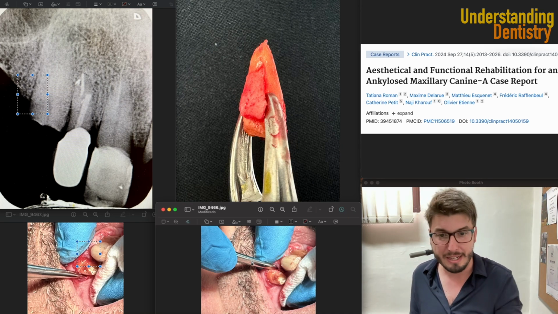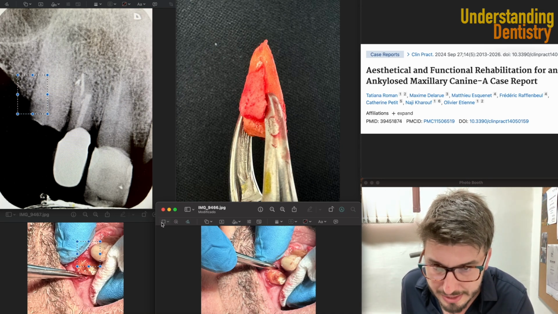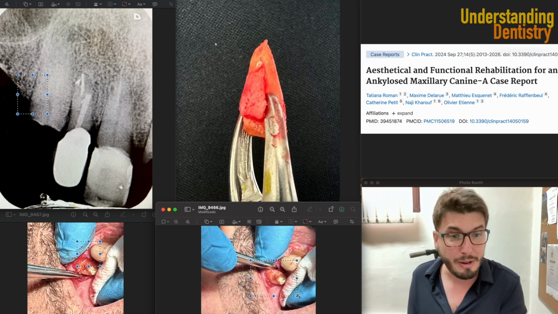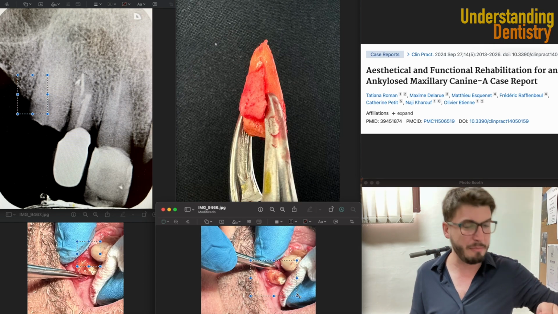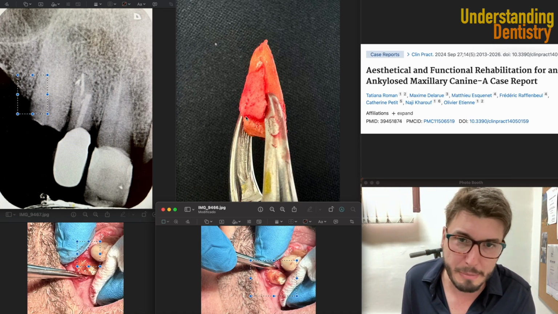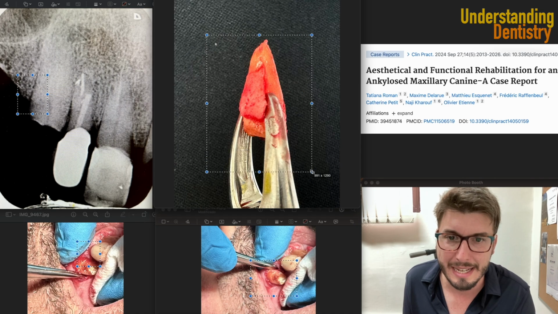You can see that the root is now coming out. It's completely luxated. You are rotating, and also giving some lever action, and then it becomes just a normal extraction. And there you have it.